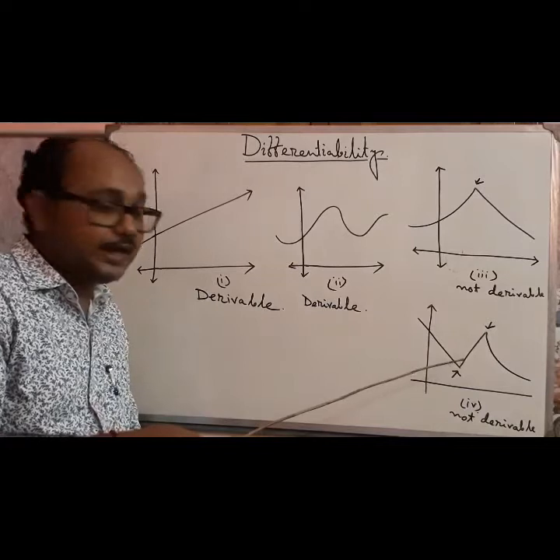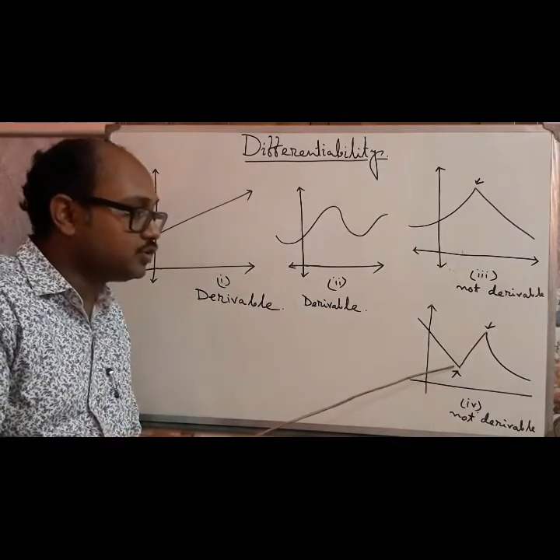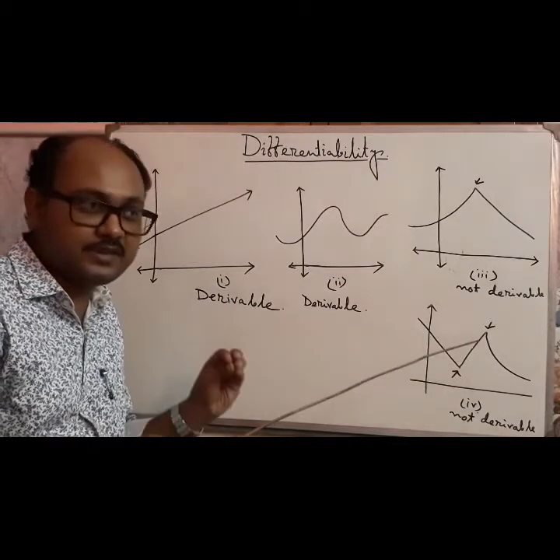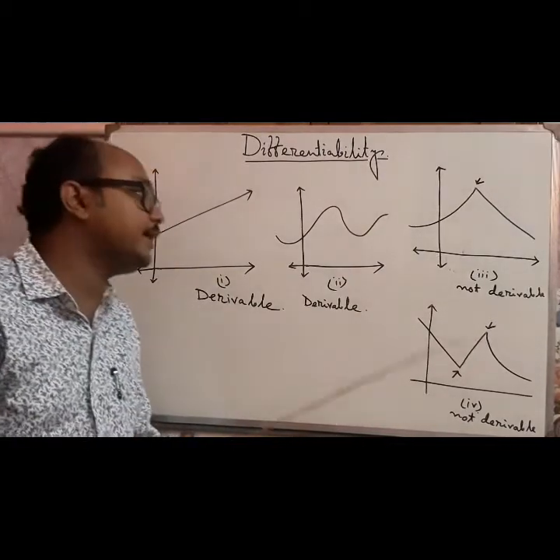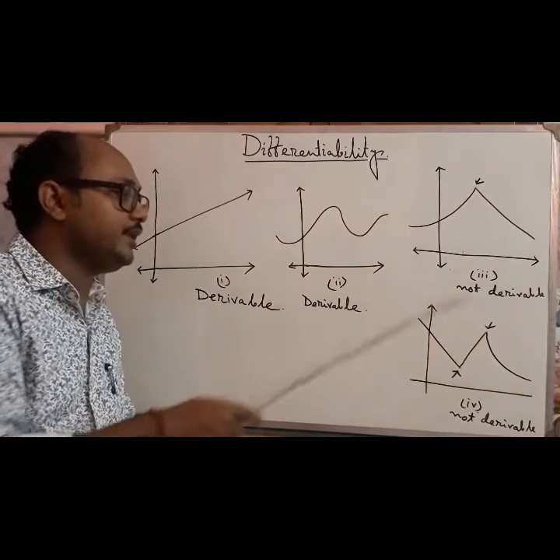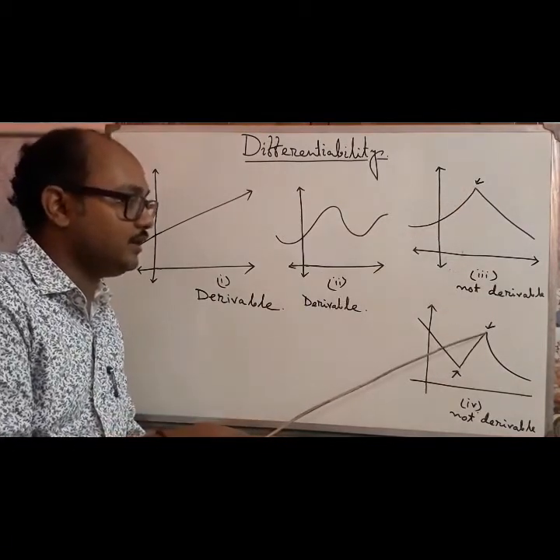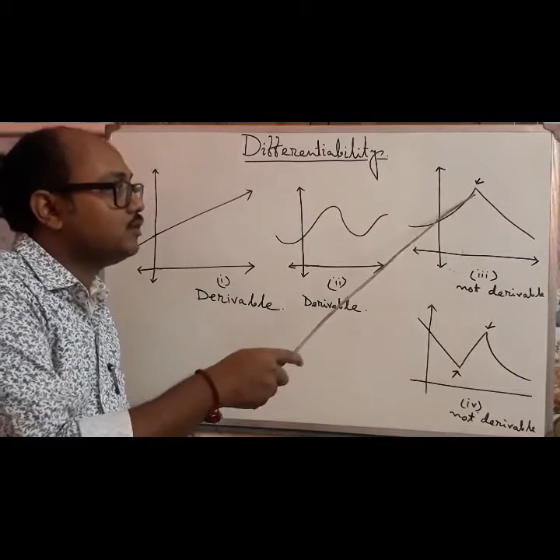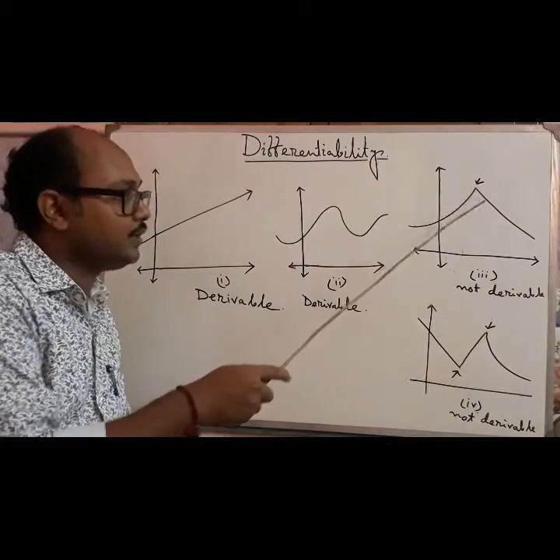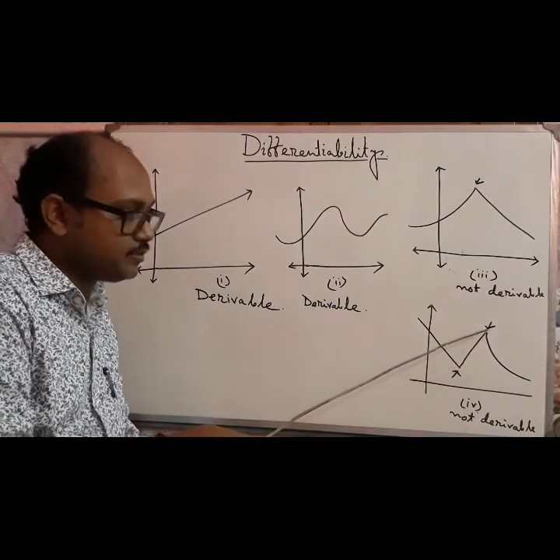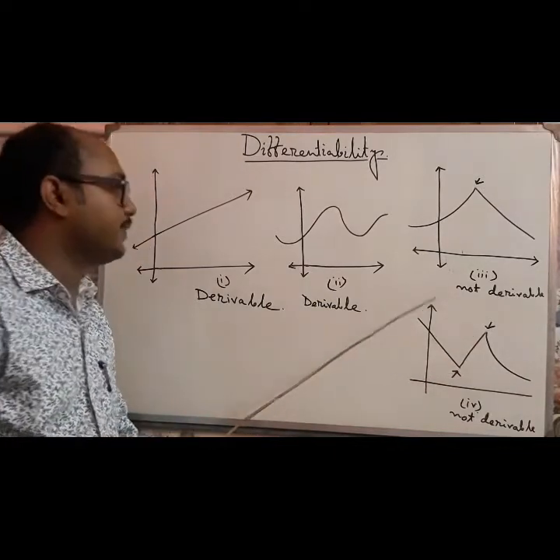Why? We will get two different values of left hand derivative and right hand derivative. The values are not the same at these peak points. So here the function is not differentiable. Here in this function there are 2 points where the function is not differentiable.